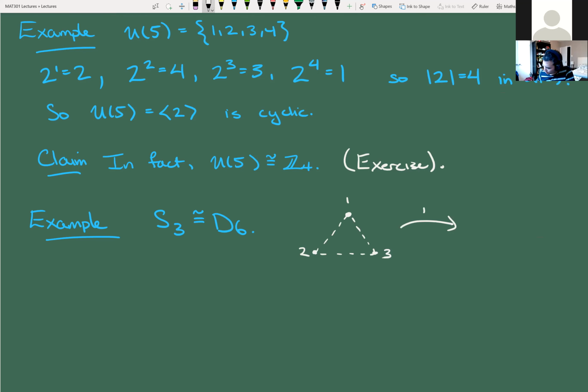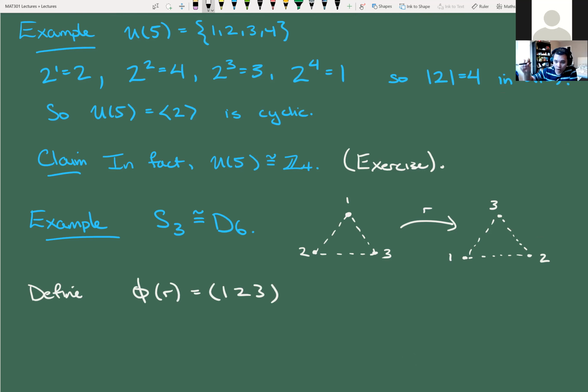Because if I apply a rotation, this now becomes 3, 1, 2. Well, this looks like a permutation, right?